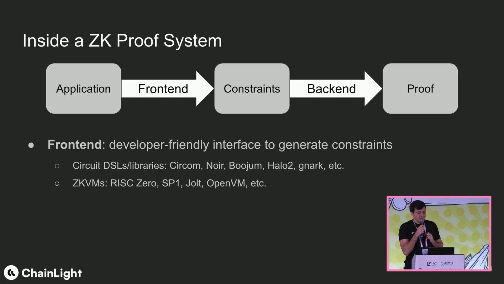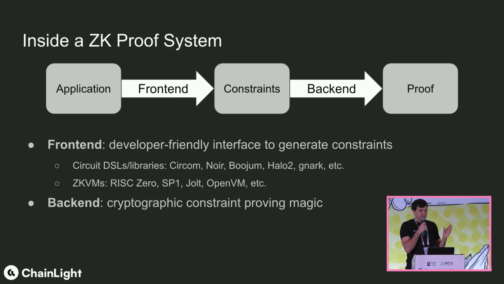So these are essentially like interfaces that will allow you to write regular Rust code and compile them to a virtual machine that then gets proven using some underlying zero-knowledge circuits. And the back end is essentially what takes these constraints that get outputted from the front end and does the cryptographic magic necessary to actually prove it.